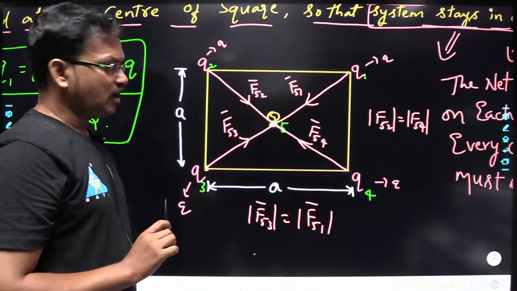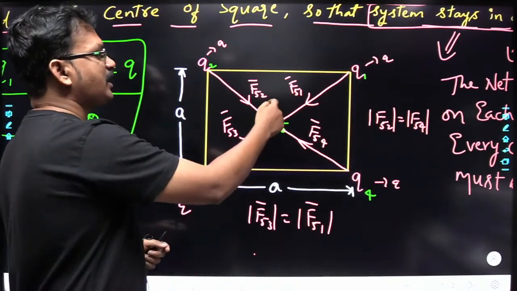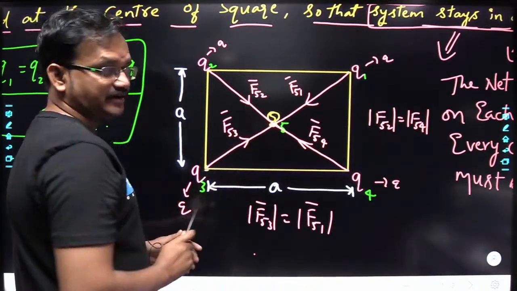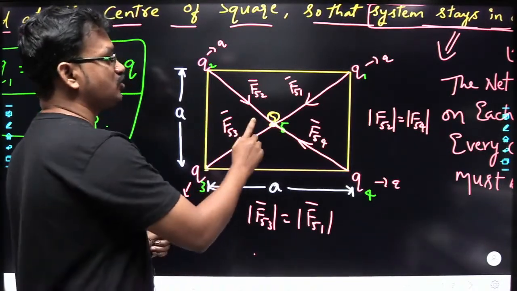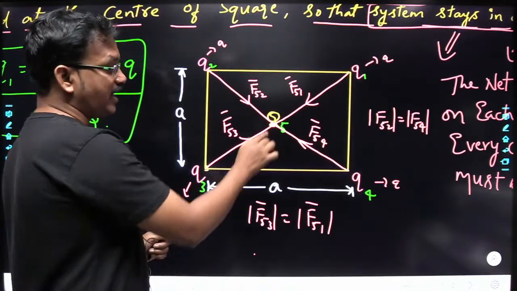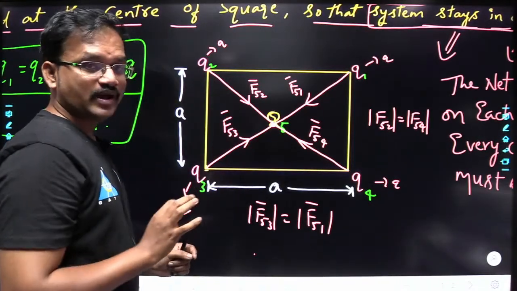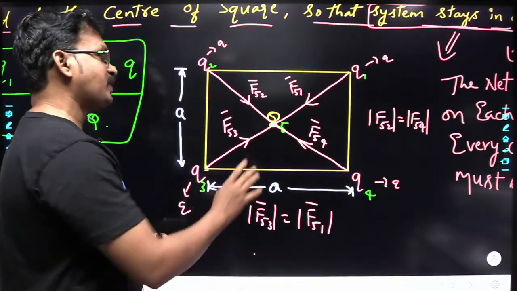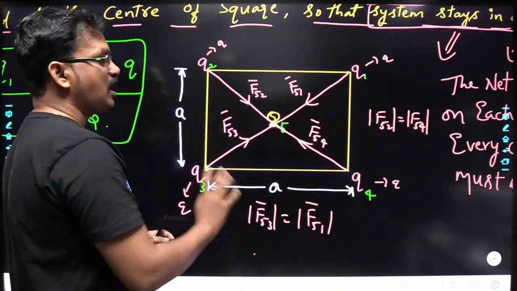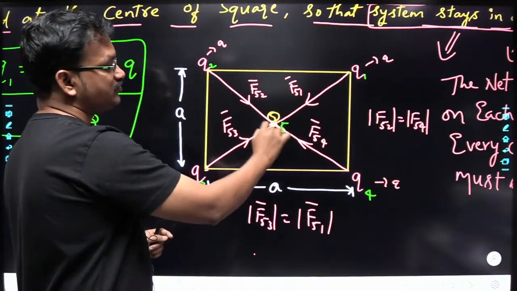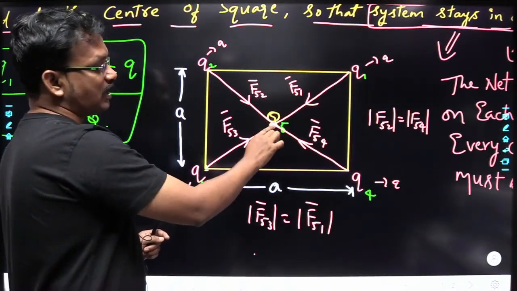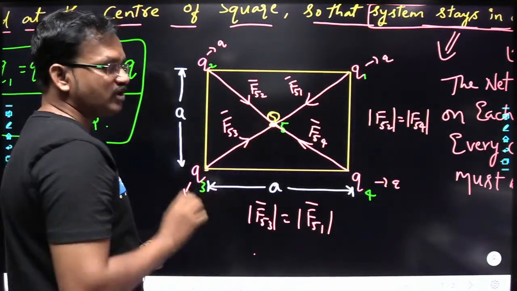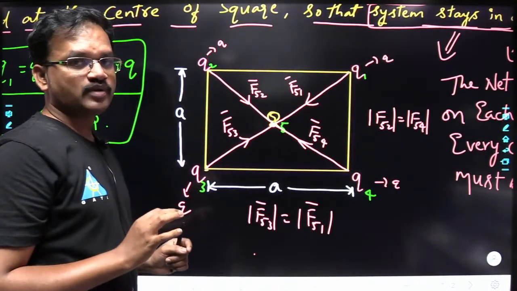Yes or no here? Now that means irrespective of the charge that you place at the center, the net force exactly at this center will become equal to 0. Understood? So irrespective of the magnitude of charge and irrespective of the polarity of this charge, the net force exactly at the center of the square will always be equal to 0.